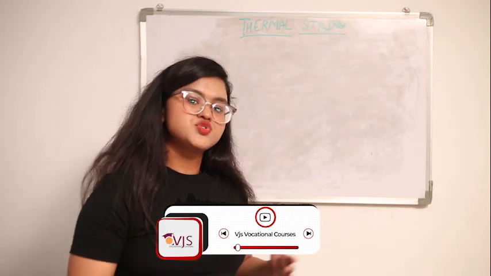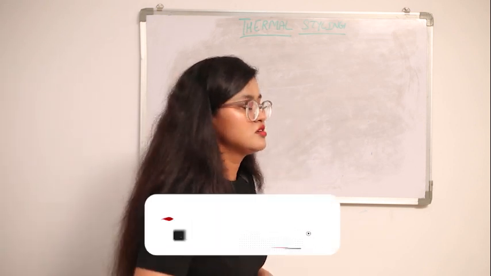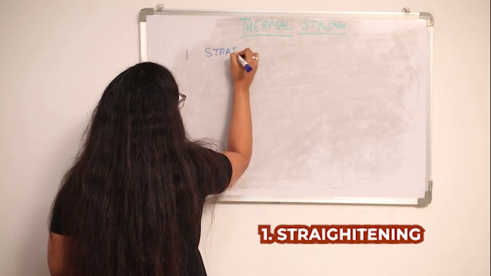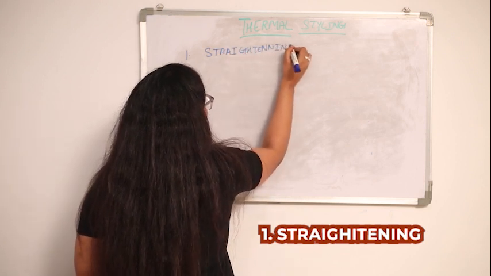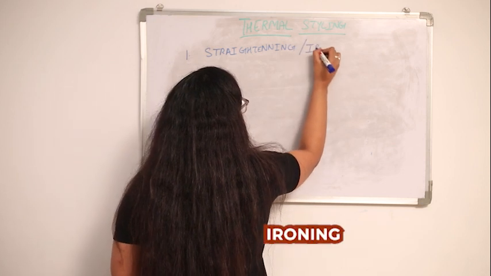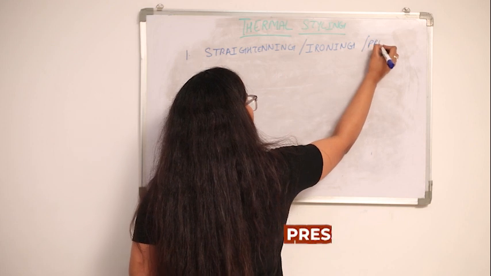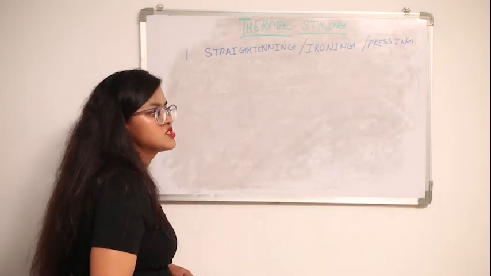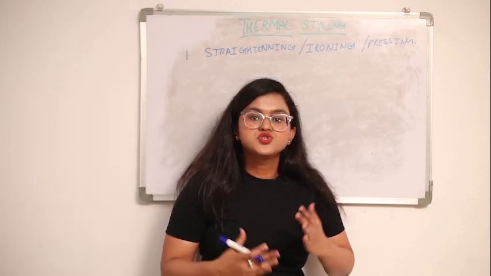After studying the textures of our hair, we will go through our topic, which is thermal styling. Names such as straightening, ironing or pressing refer to a form of thermal styling in which you straighten the hair.